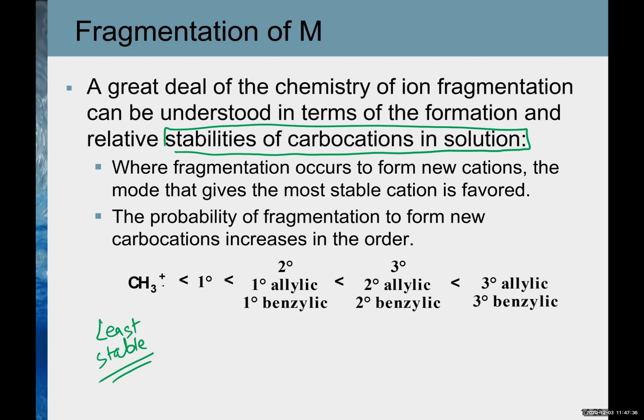So the likelihood of a fragmentation in which methyl gets a positive charge is highly unlikely. That's why I said previously that a signal at 15 is highly unlikely, because methyl never gets formed. So methyl is least stable and allylic and benzylic is most stable.